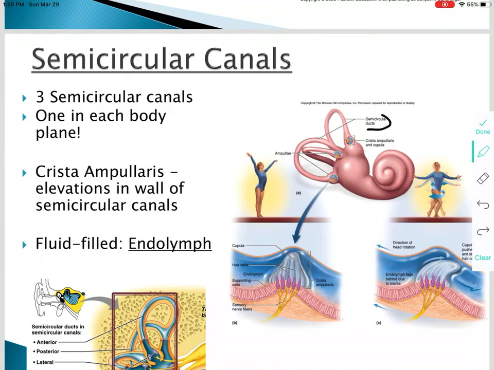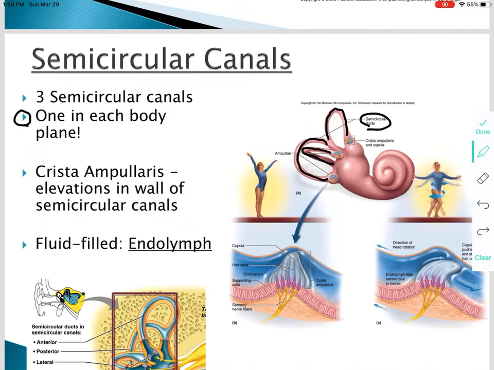Lastly, we have the semicircular canals, and they form 3 semicircular canals. What do you notice? There's one in each plane. If you want to practice along with me, this one is located in the plane that divides us into right and left halves, the sagittal plane. This one is located in the plane that divides us into front and back halves, the frontal or coronal plane.